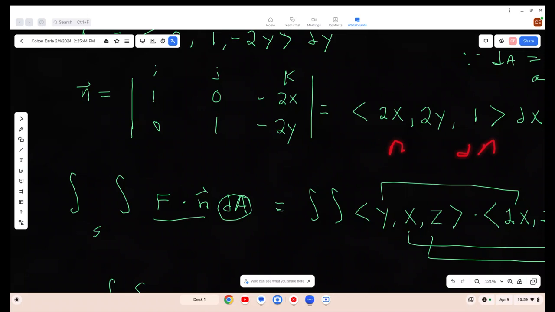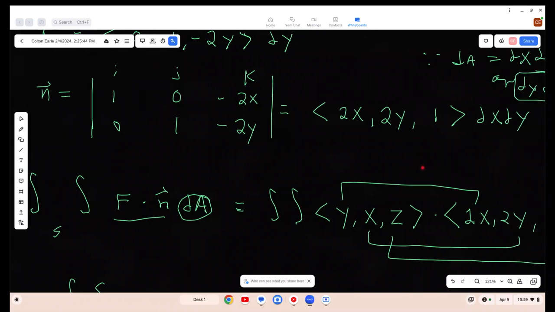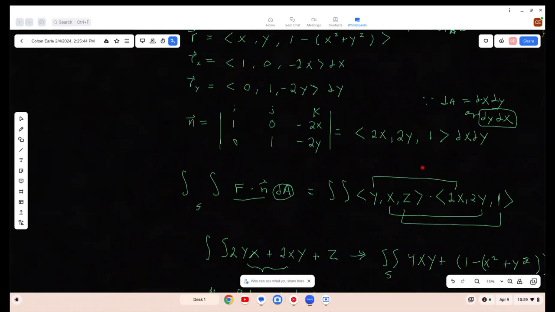I know they talk about normalizing and whatnot. We're not doing surface integration here. We're just doing dot products. But this is going to be your n dA for all intents and purposes, and you're just doing this dot product F dot n. Now that I've stated that, your dA is going to be over here. That's your dx dy.